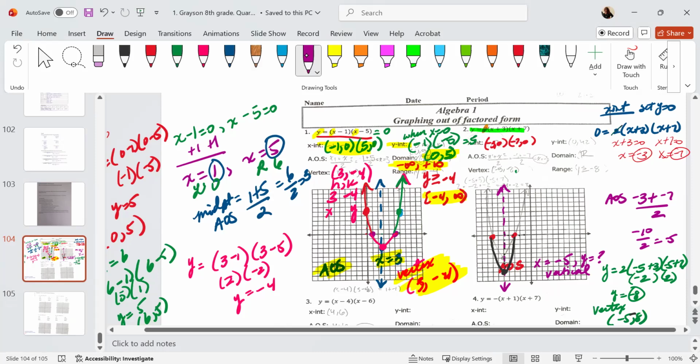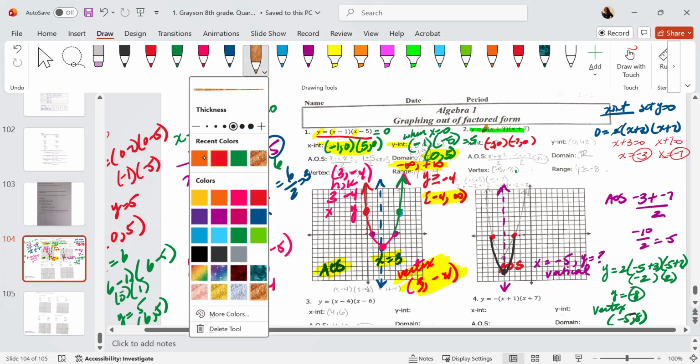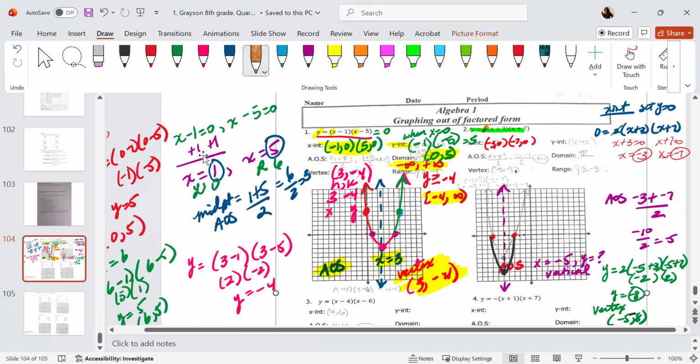Next, you need to pick a point on the left side of the red dot and a point on the right side of the red dot because we want to see how far up it goes, right? This red dot is -3, right? So what's a point on the right side of this -3? -2.